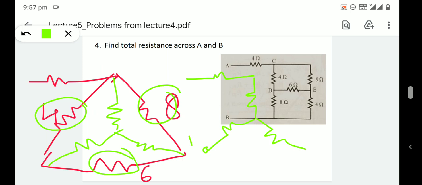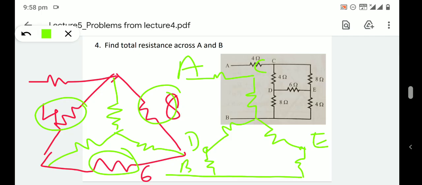So this is the point D, this is C, this is A, this is E. From D the 8 ohm resistance will be there, and from E 4 ohm resistance will be there. Then this becomes B, that is, this is 4 ohm, this is 8 ohm, this is 4 ohm. These values can be found out using the delta to star conversion equations.